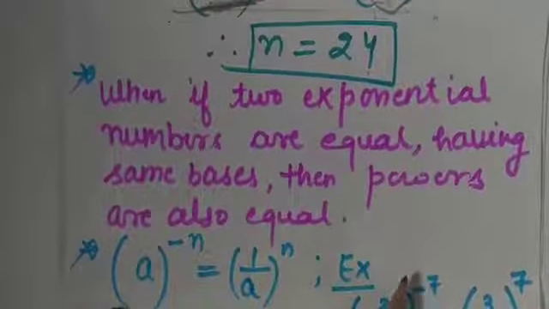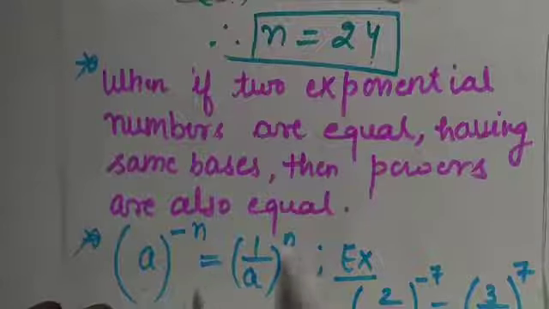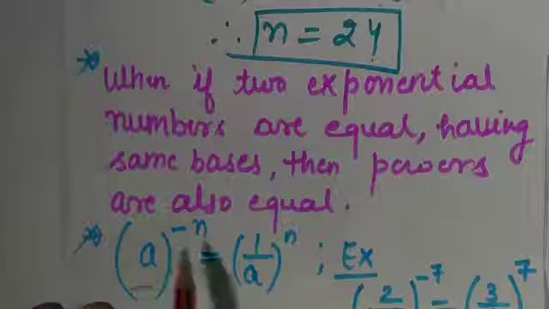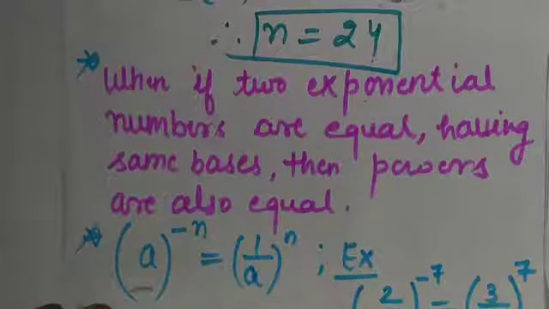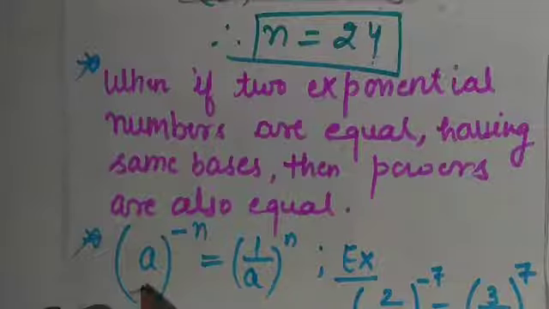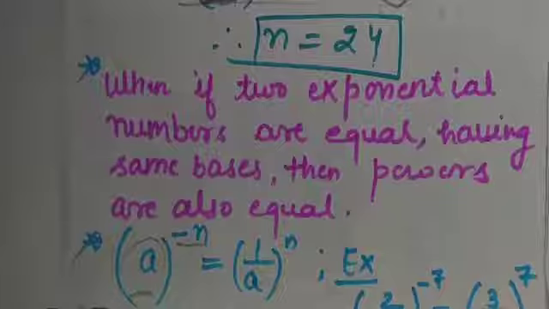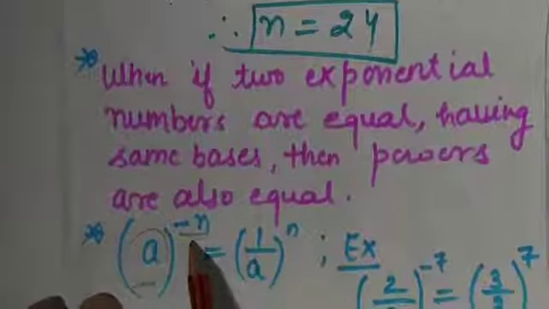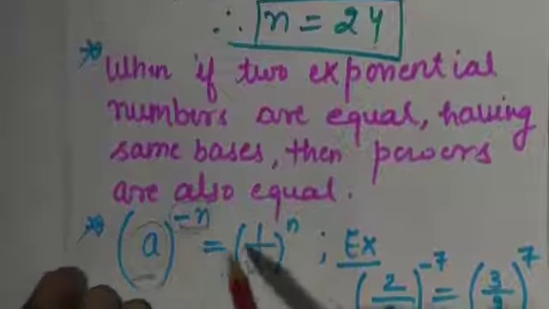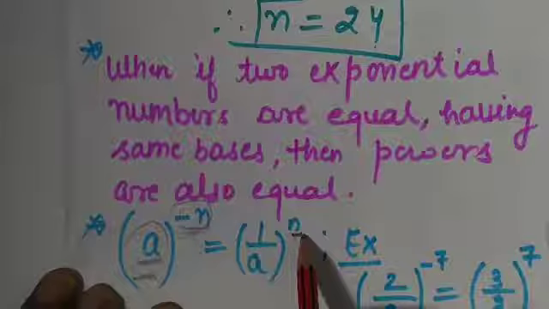Now the next concept I am saying: if you have any number with a negative power, how will you solve that kind of exponential number? If you have any number raised to a negative power, then to make the power positive, we just have to take the reciprocal of the base, and the power gets converted into positive.